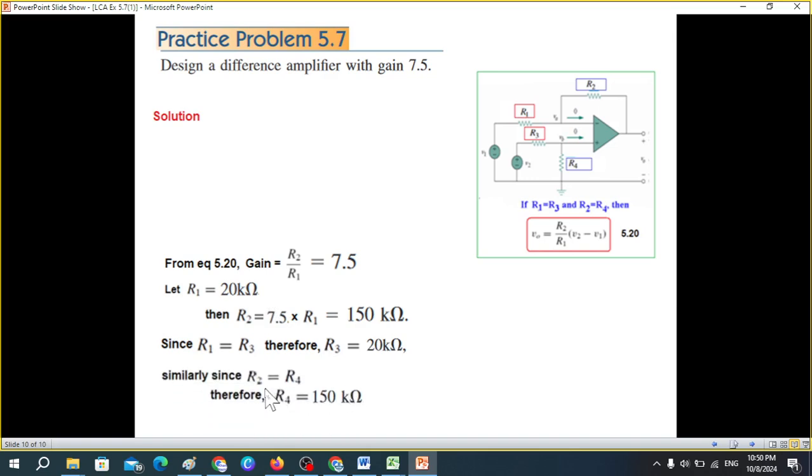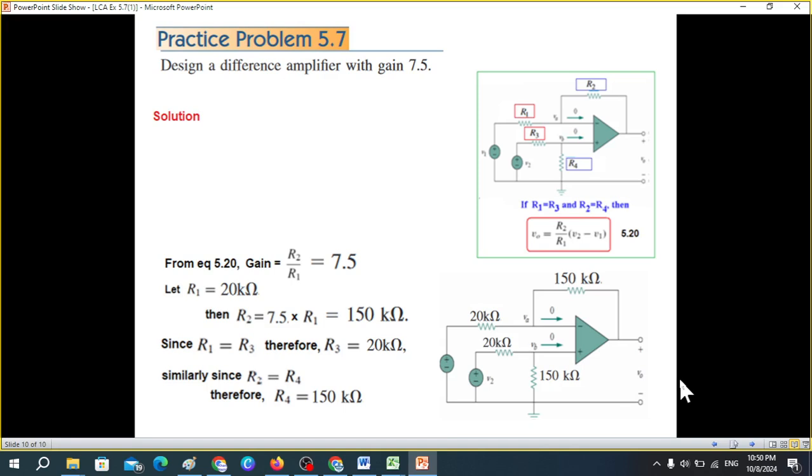And similarly, R2 is equal to R4, therefore R4 will be equal to R2, that is 150 kilo. And the designed circuit will look like this: R1 20, R2 150, R3 20, and R4 150.